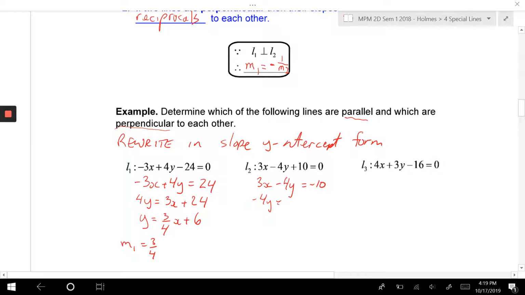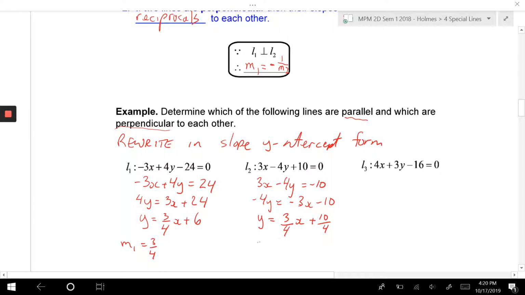Minus 4y is equal to negative 3x, subtract 10. And now I'll divide both sides through by negative 4. That gives me negative 3 over negative 4 is positive 3 over 4 x. Negative 10 divided by negative 4 is positive 10 over 4.